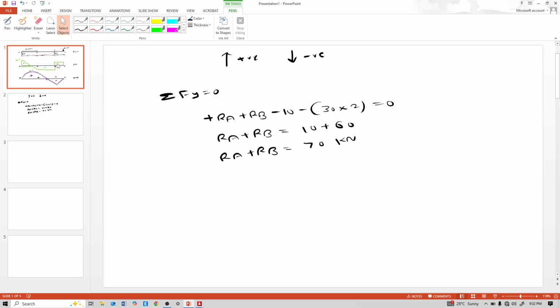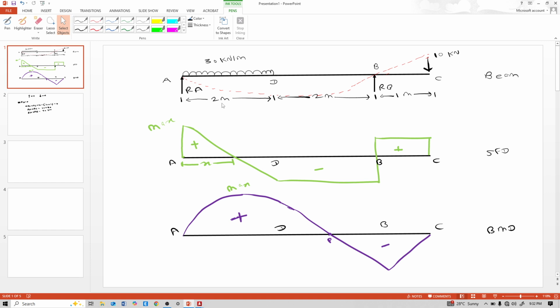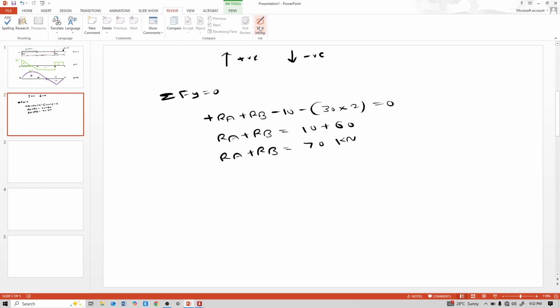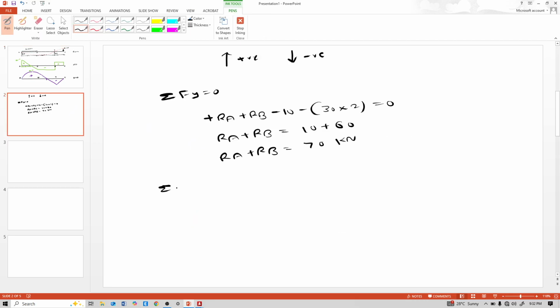Now let's calculate RA or RB. Let's take moment at A. Clockwise moment is positive, this is our assumption, and anti-clockwise moment is negative.